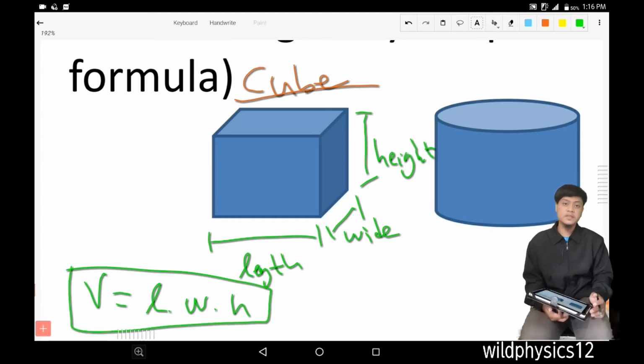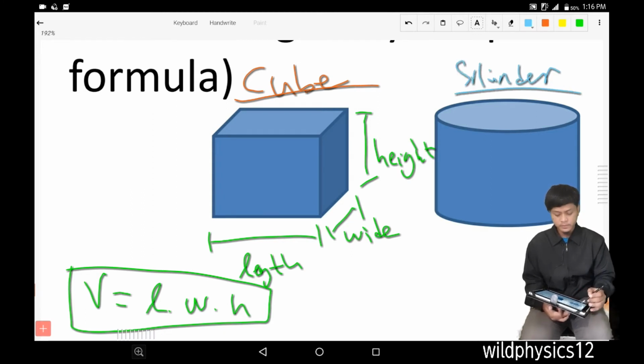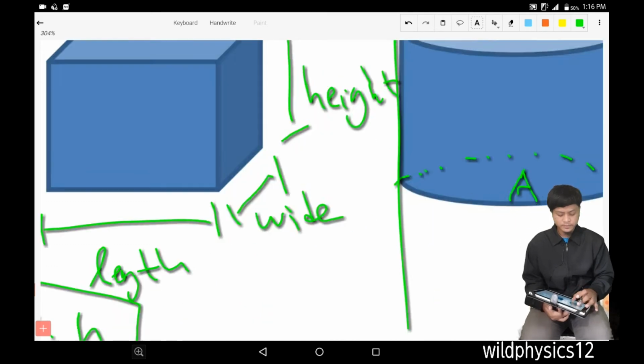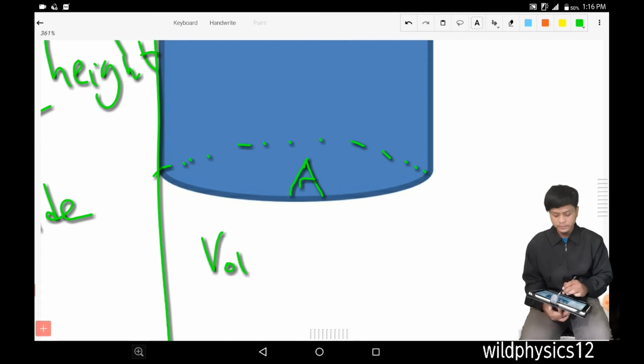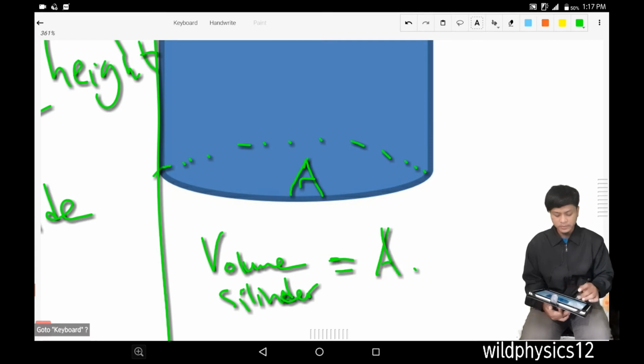If you want to measure the volume of the cylinder over here, we just have to measure the area of the bottom. The bottom area is a circle. So the volume of the cylinder is the bottom area times its height.